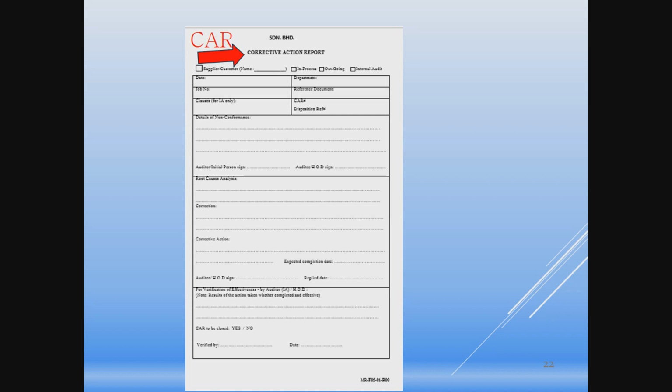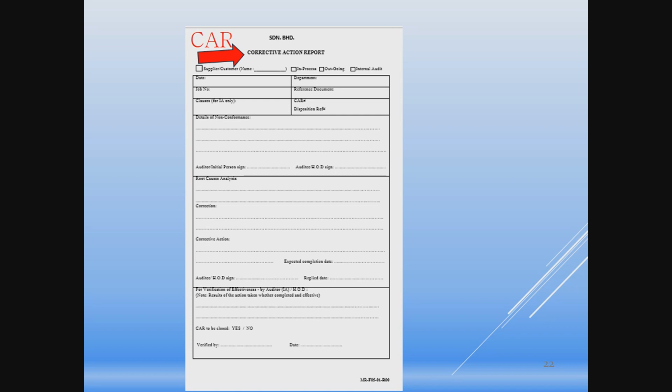Then you also write down what the problem is, the statement of the problem. You can also place a photo of the rejected product, for example a product that is scratched or dented. Then you take a photo and place it on the corrective action report.